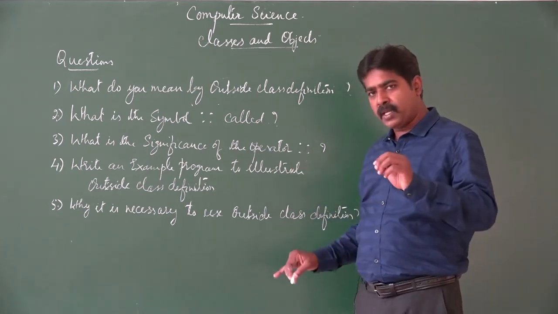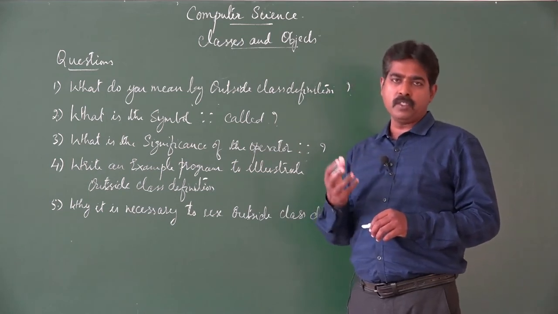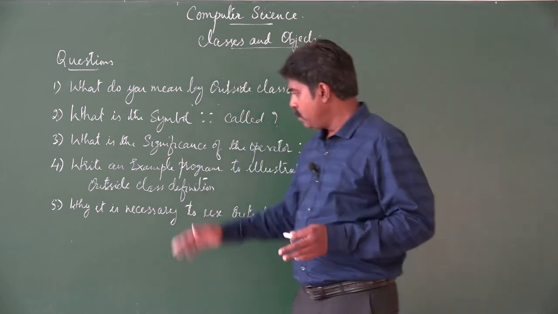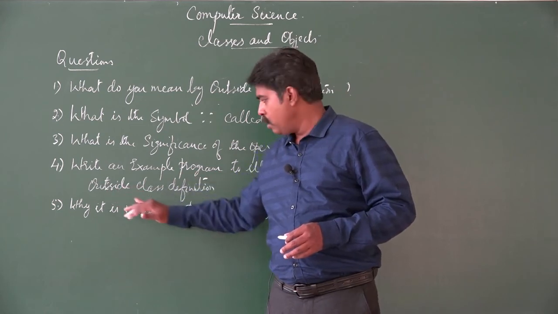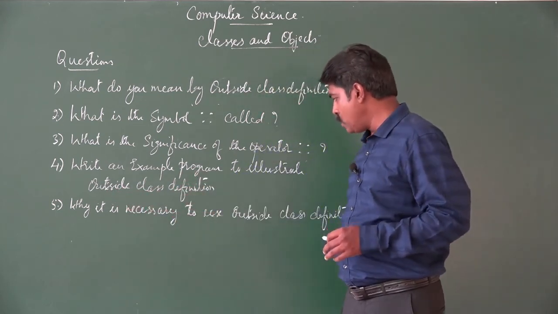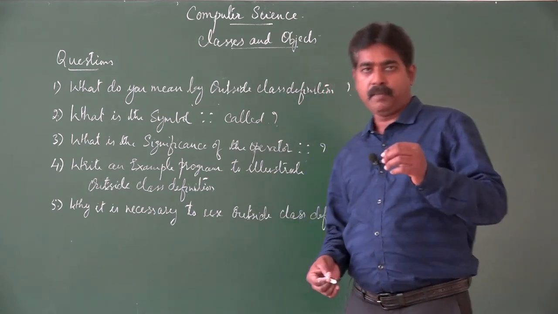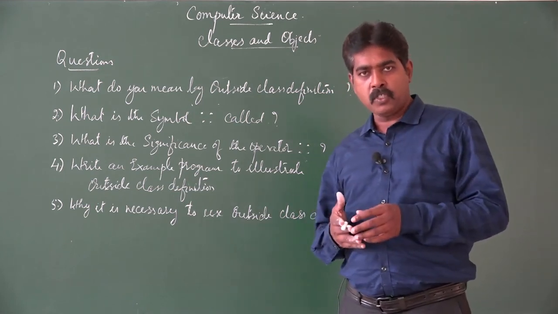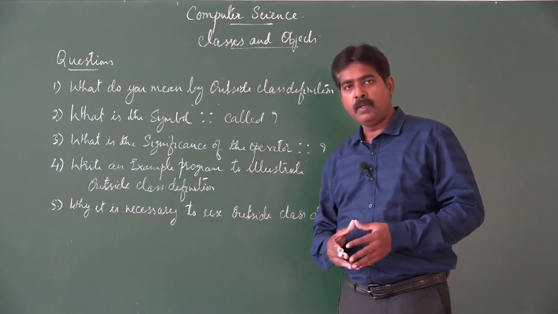You need to write the significance and importance of this operator. And you can write an example program to illustrate outside class definition. Finally, why is it necessary to use outside class definition? As I said, because of complexity, we can write complex programs outside the class definition. The example I gave was the for loop. So please make sure you write all and answer it.